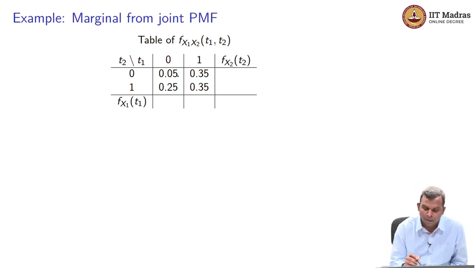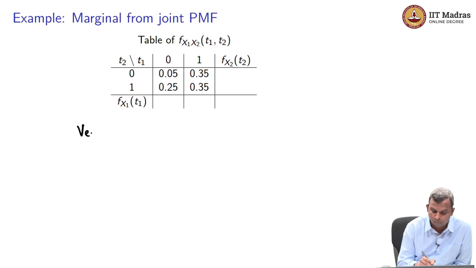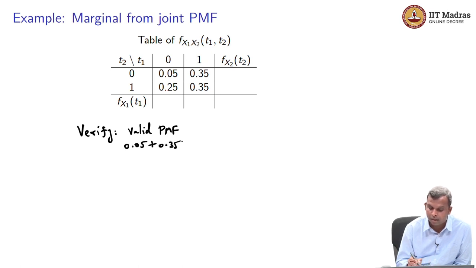If anybody gives you a table, you can first verify that this is a valid PMF. How do I verify that? You can see every entry is between 0 and 1, that's easy enough, and you can add all these entries; this is equal to 1.